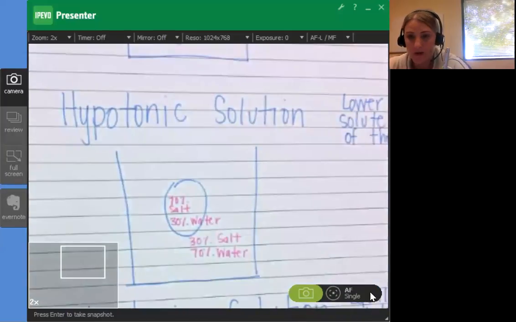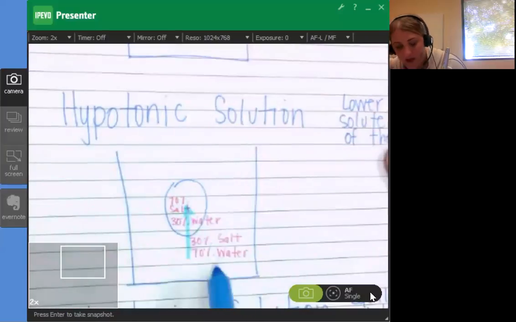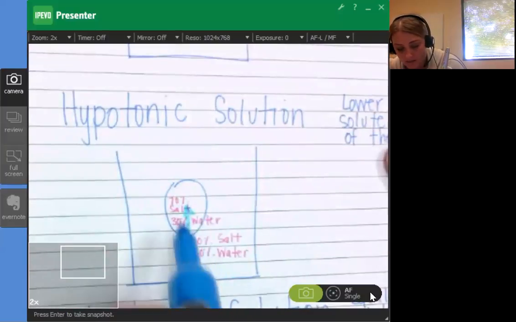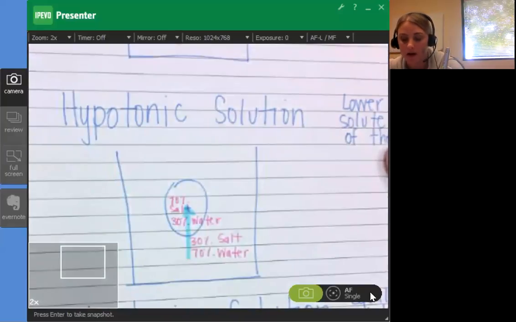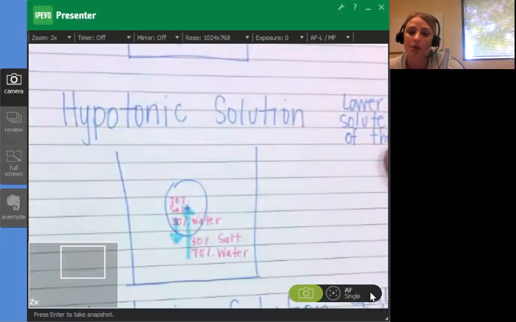Now, remember, salt is not going to move, the water is. So our greater net movement of the water is going to be into the cell because we have 70% of water in comparison to 30% of water.